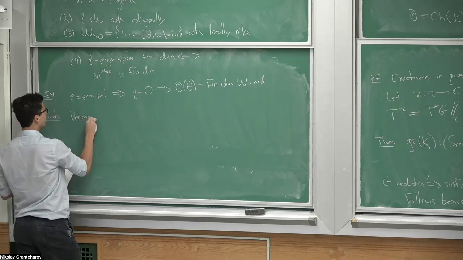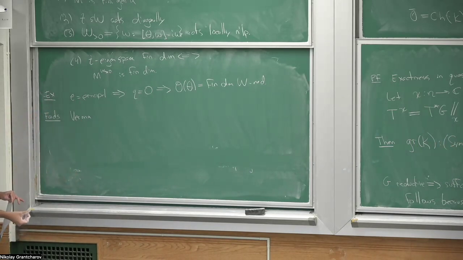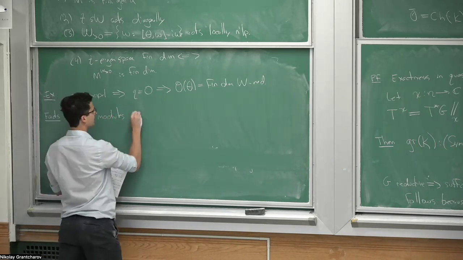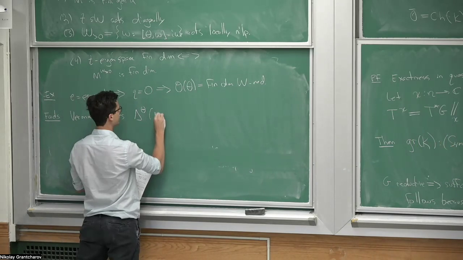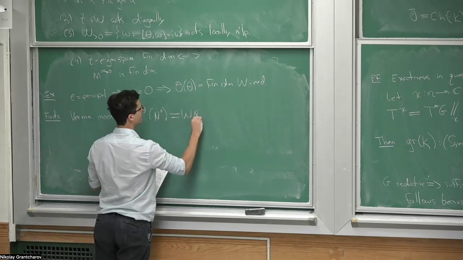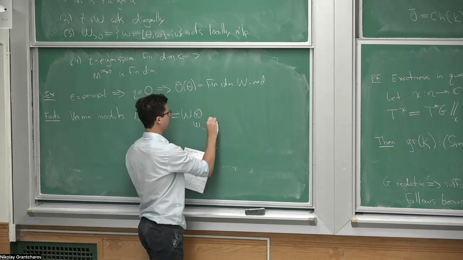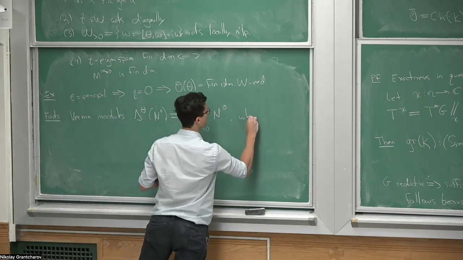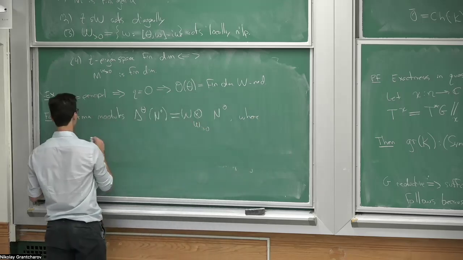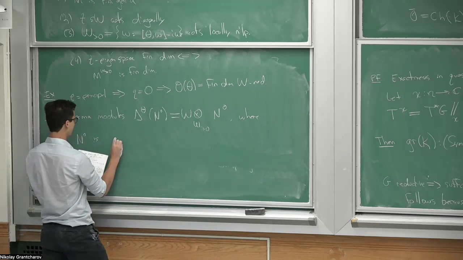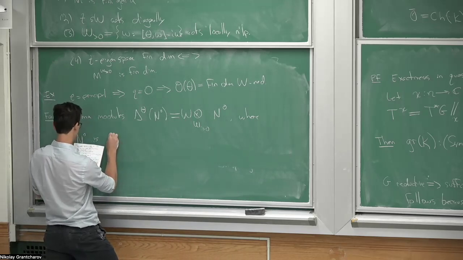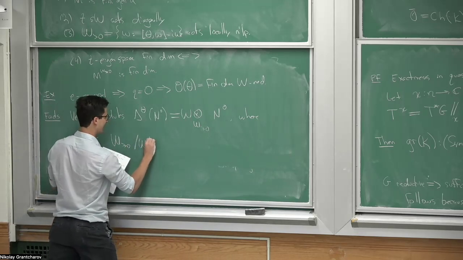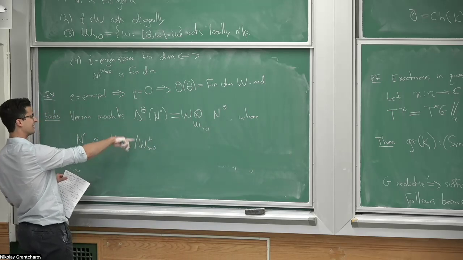So this behaves very similarly to the usual category O. And in Losev's notation, he says it's a module over this algebra.